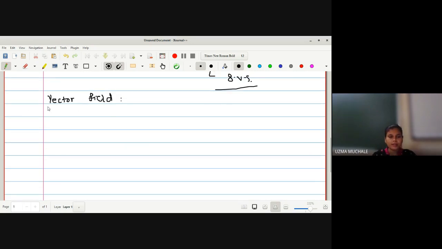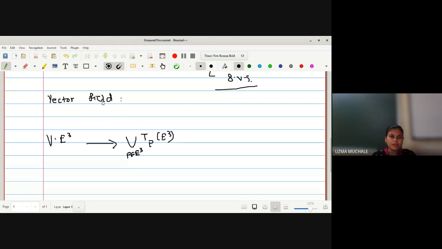If you're not having doubts, let us go for the next one, that is the definition of a vector field. Just now we have seen the definition of a tangent vector. So what is a vector field? A vector field V on E3 is a collection of all the tangent vectors, one at each point of E3 space.